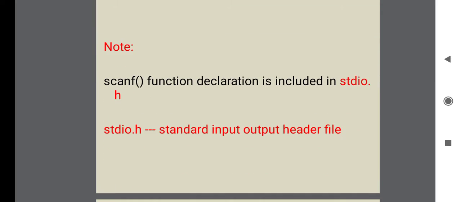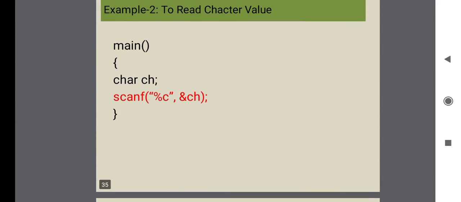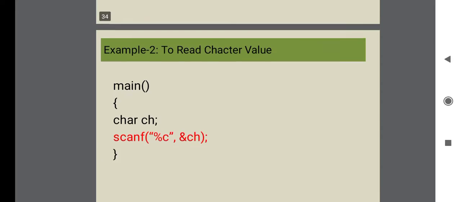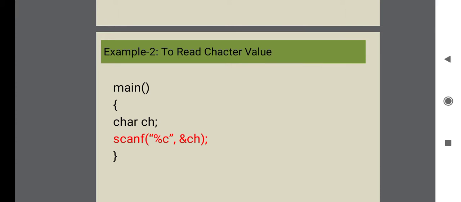The scanf declaration is also included in stdio.h. stdio.h means standard input output header file. Same like that, to read the integer value, to read the character value. What is the format specifier for character? %c. What is the format specifier for integer? %d. What is the format specifier for float? %f.